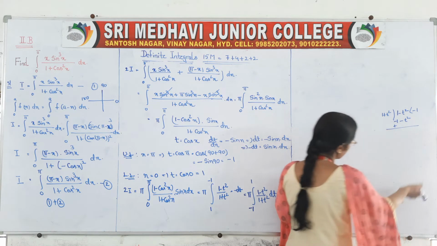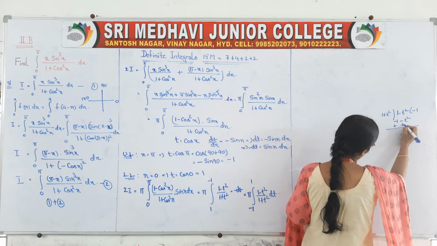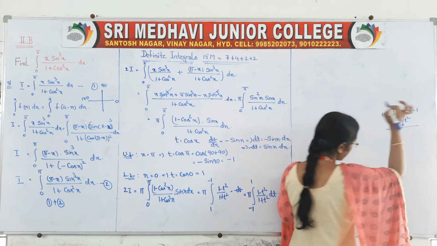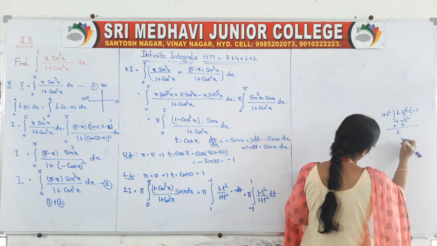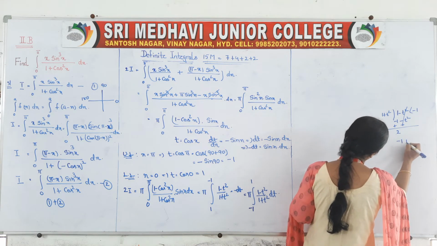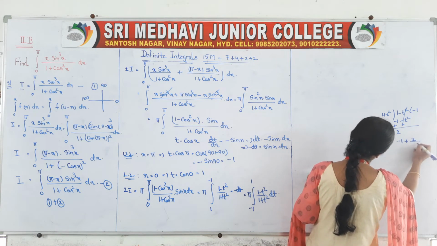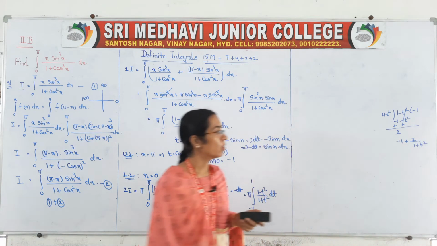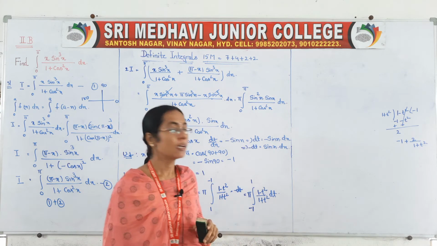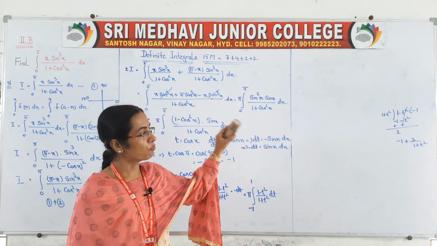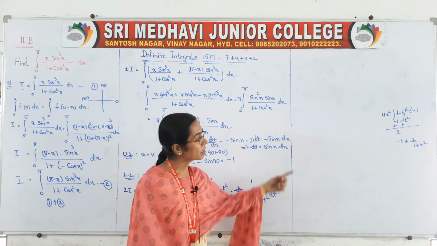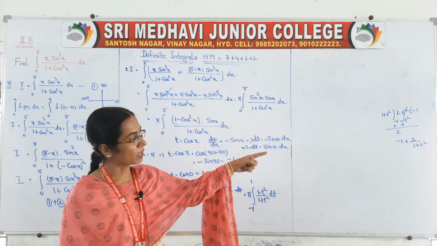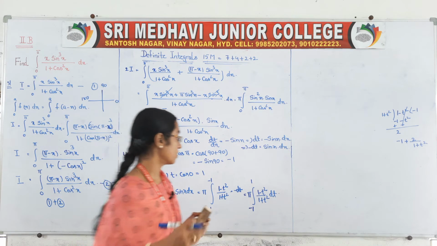Minus of minus is plus. Here also minus of minus is plus. Minus t square plus t square cancel, and here you will have 2. So we can write this as minus 1 plus 2 by 1 plus t square. This is the formula. If we divide, we will get that value, so instead of this we can take minus 1 plus 2 by 1 plus t square.